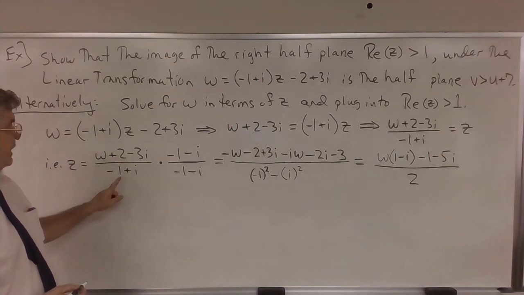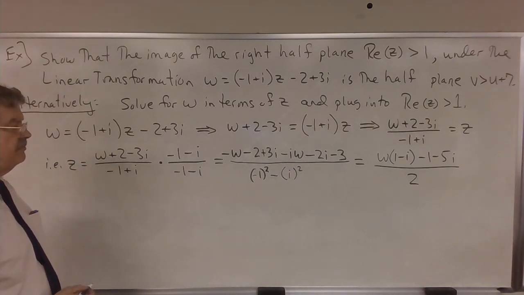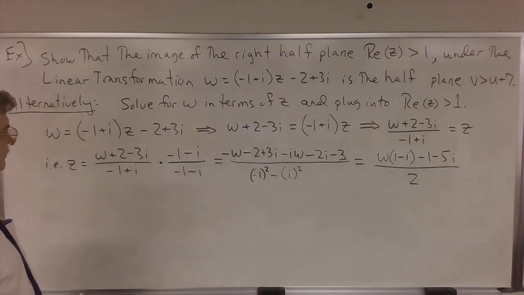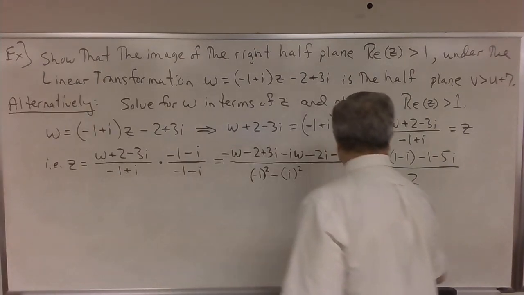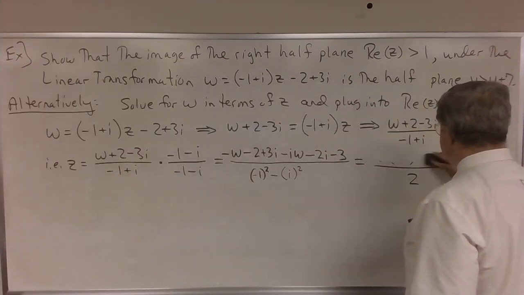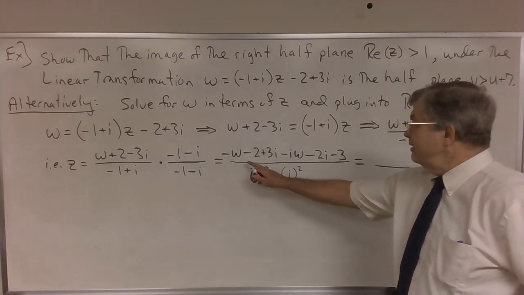Okay, we got the first thing squared minus the second thing squared. So that will give us 2, I hope. And I'm going to have to rewrite this because I did it all wrong. So let's see.